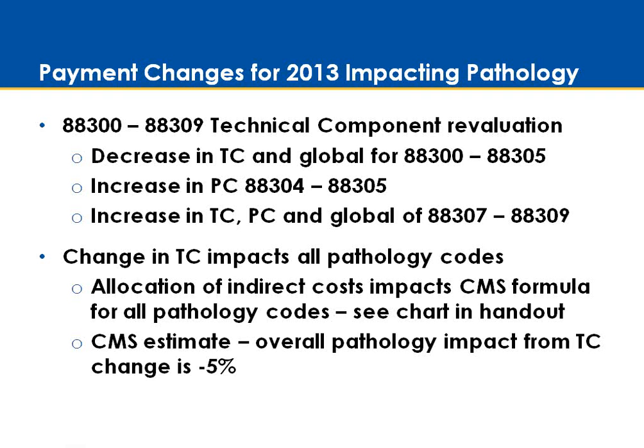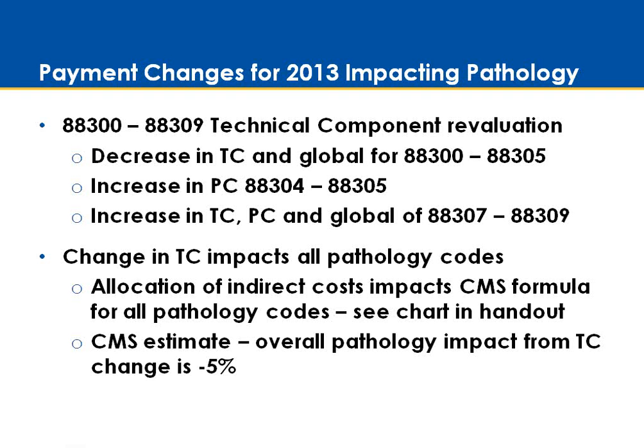increase in the PC for 88304 and 88305, and an increase in the TC, PC, and global for 88307 and 88309. And you may wonder, how can you get an increase in the PC if the code did not undergo additional review.